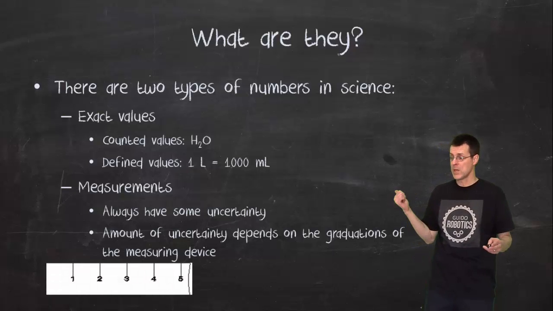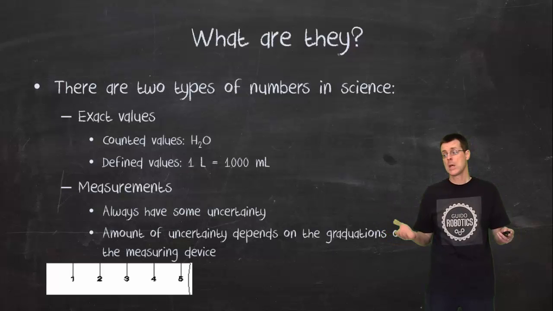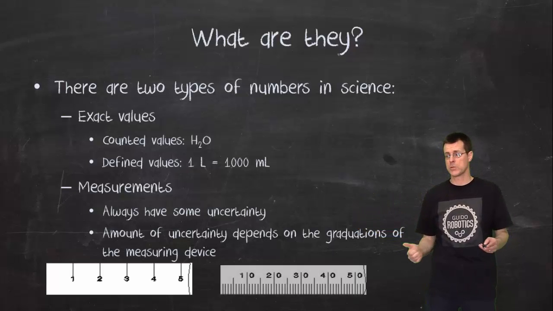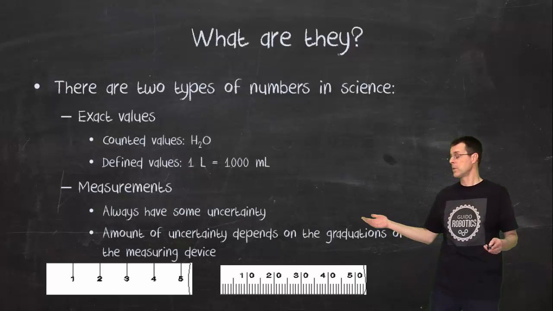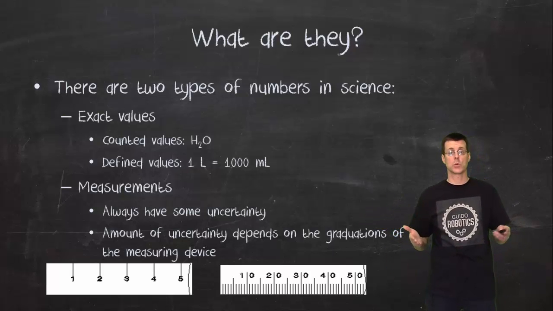So for example, if I'm measuring centimeters and I have a ruler like this, the graduations, the biggest lines, are between full centimeters. Whereas if I had a different kind of ruler, I still might be measuring centimeters, but now the centimeters are divided up into millimeters.